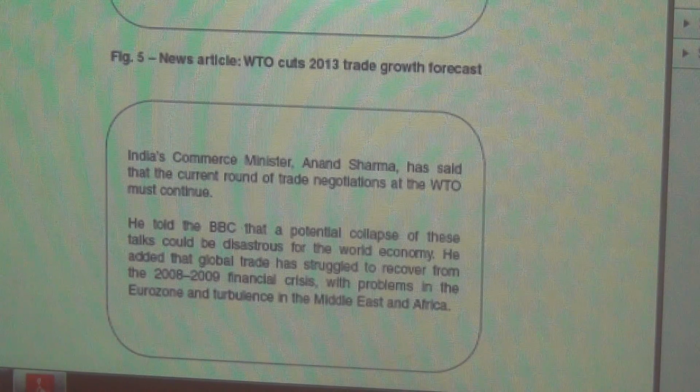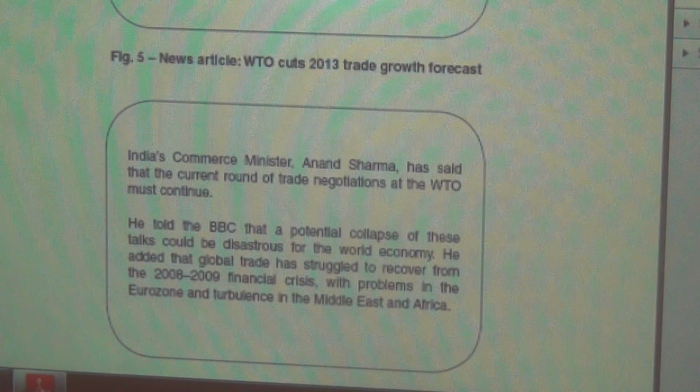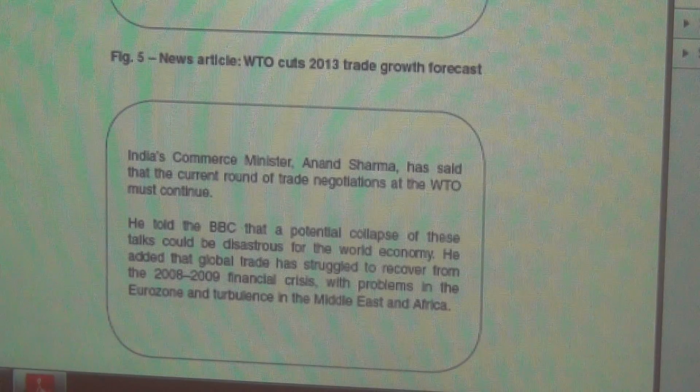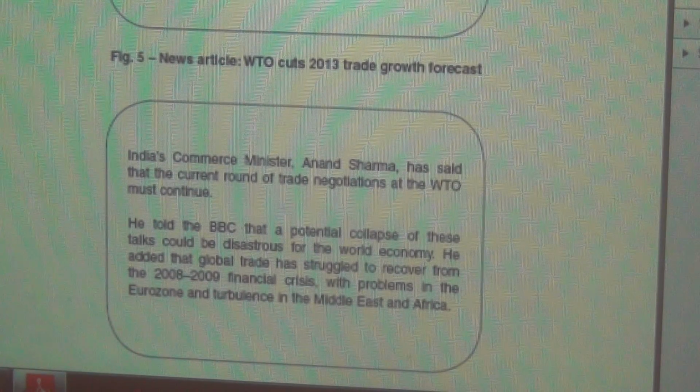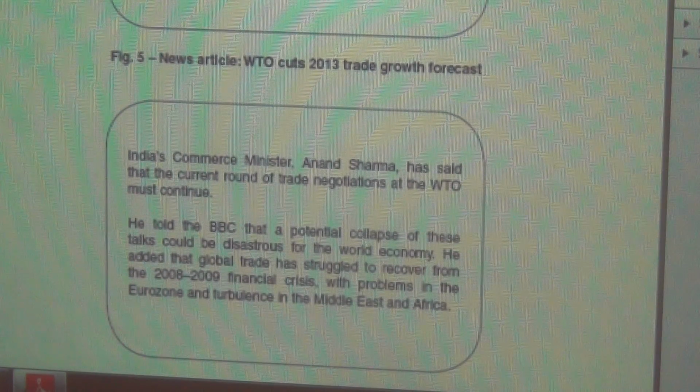So here's a few things you may wish to consider on this particular figure 5 and 6. I think you'll need to know what the Eurozone crisis is and why it would negatively impact trade. You'll need to know what protectionism is and be able to give examples of protectionist policies. I would make yourselves aware of the diagrams for that.